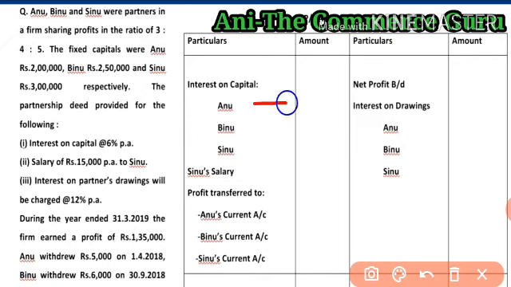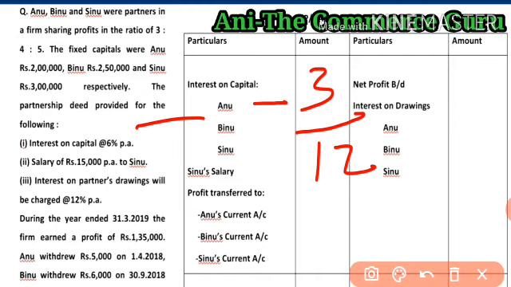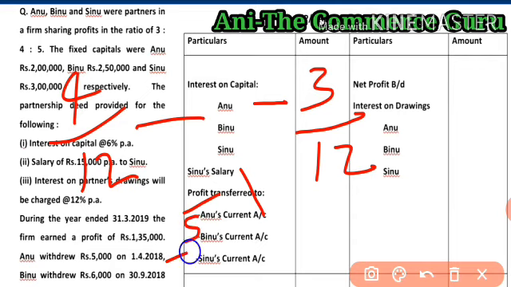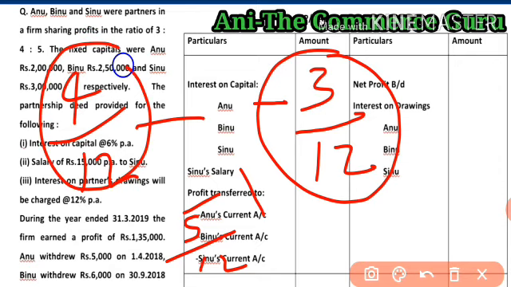That means Anu's share will be 3 divided by 12. Binu's share will be 4 divided by 12. And Sinu's share will be 5 divided by 12. 3 by 12, 4 by 12 and 5 by 12.